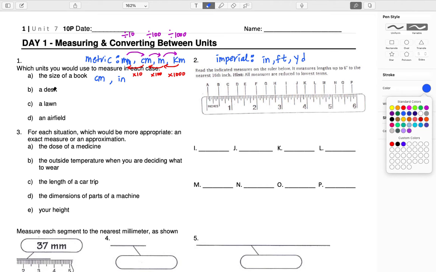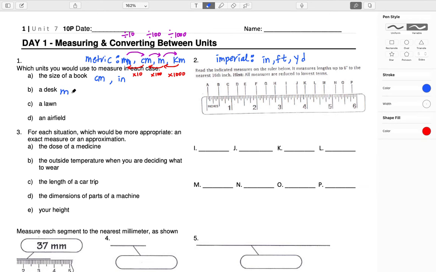For a desk, perhaps we can use a meter stick, so meter, or you could do centimeter. For imperial, you could use inch, or you could use feet as well. Okay. What about a lawn, a big lawn? For the lawn, you will be using a little bit of a bigger unit. So perhaps you could use meter.